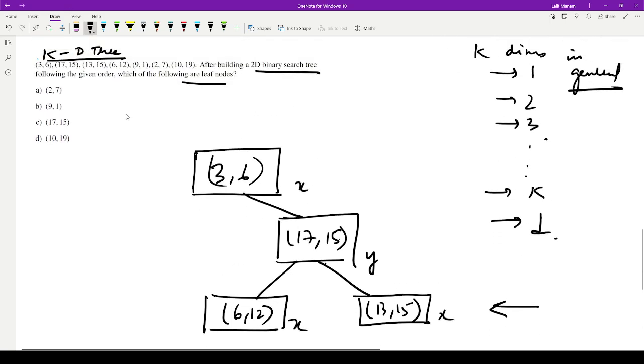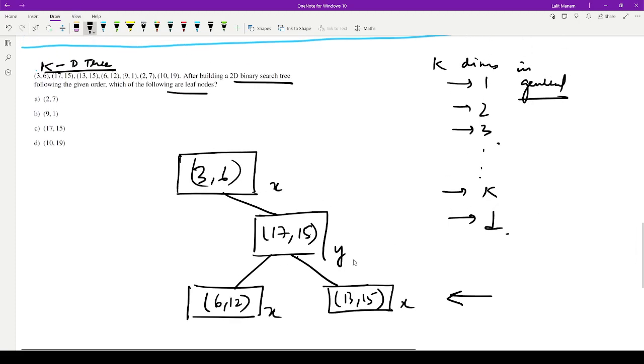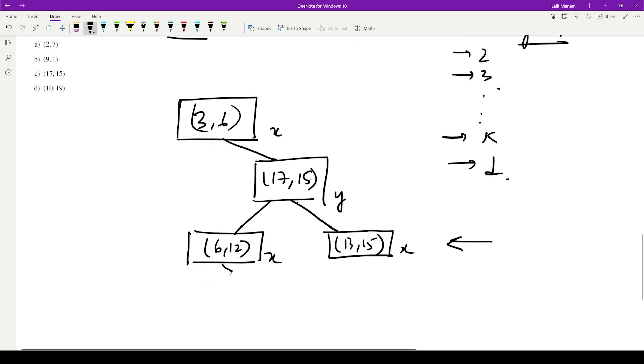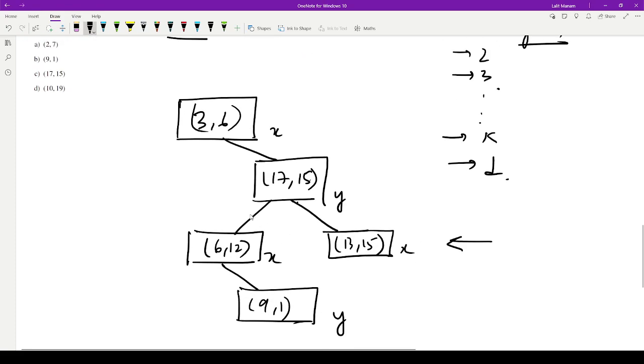Next is 9 comma 1. Where should it lie? 9 is again to the right, from here 1 means it will go left, and from here 6 is less than 9, so right. So we come here, 9 comma 1. Again the reference coordinate here is y. Next is 2 comma 7. Where should it go?